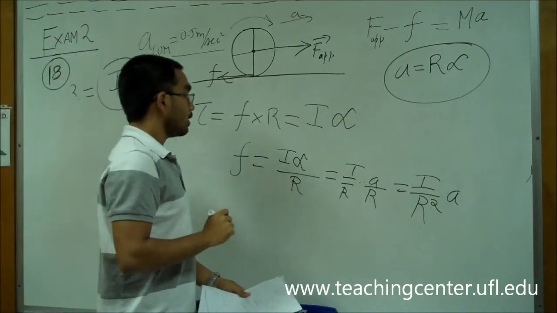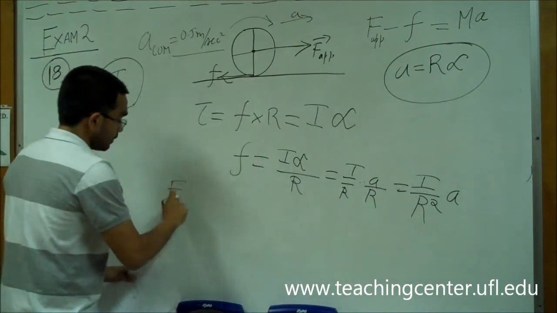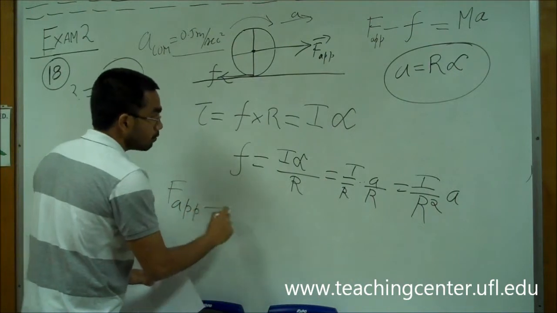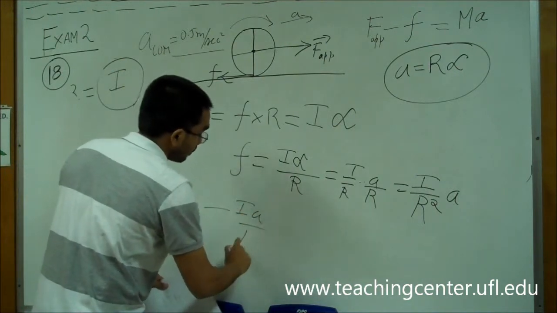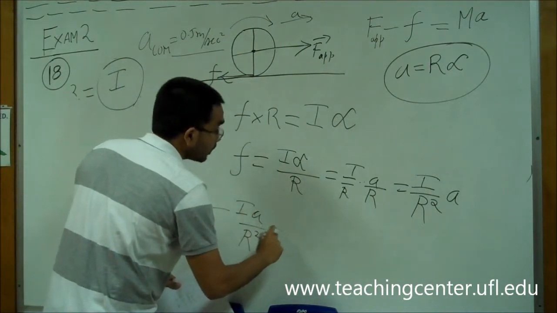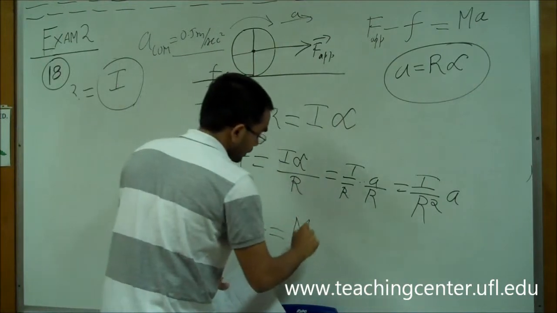Okay. Now, plugging that back in, I get F applied minus I times a divided by R squared is equal to M times a.